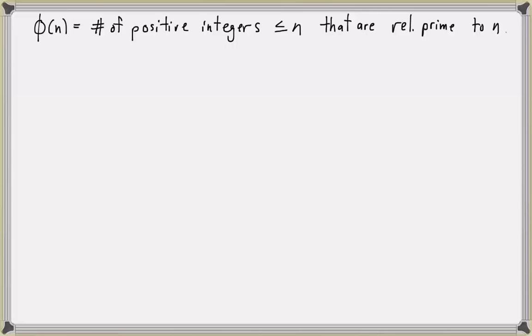We know that if p is prime, then the numbers 1 through p minus 1 are all relatively prime to p. Therefore, phi of p will equal p minus 1.